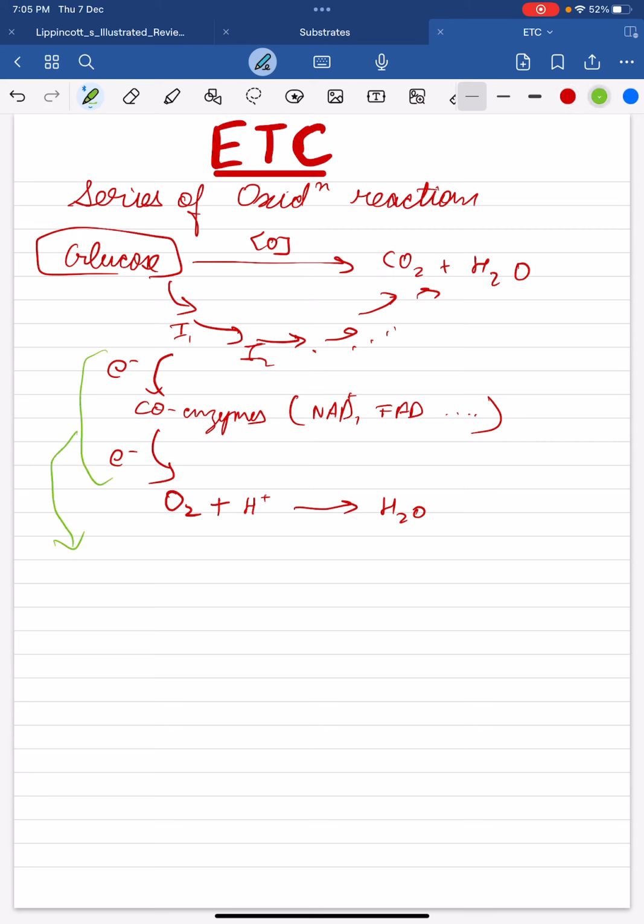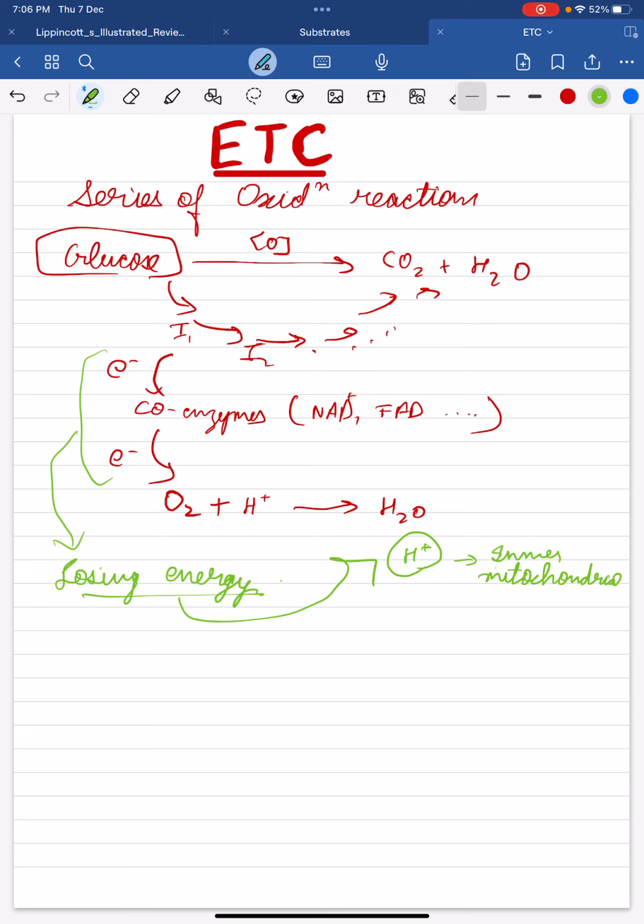They are losing energy, and the energy which is released is being used to transport protons or H plus across the inner mitochondrial membrane.